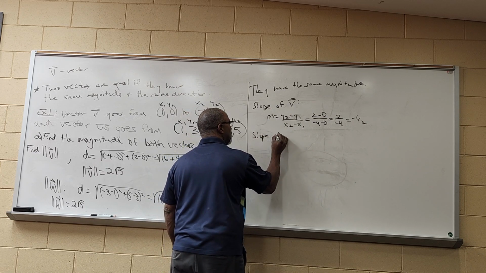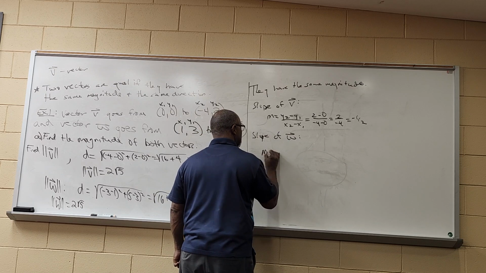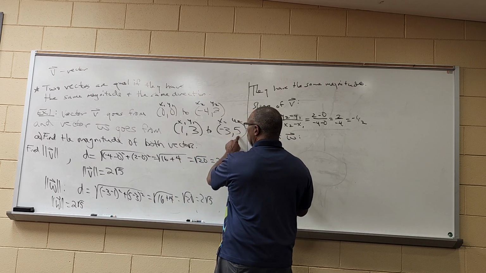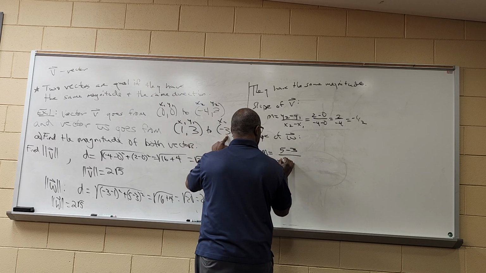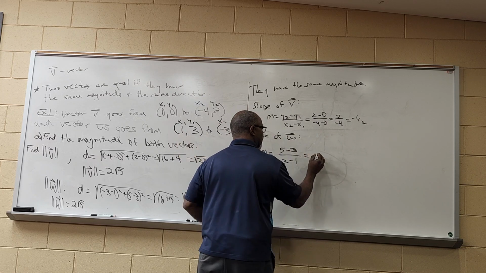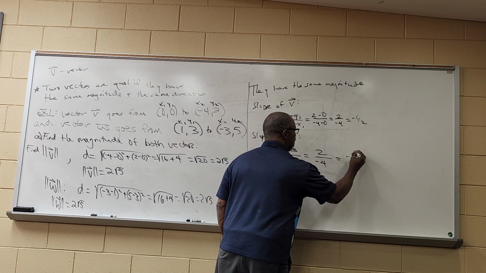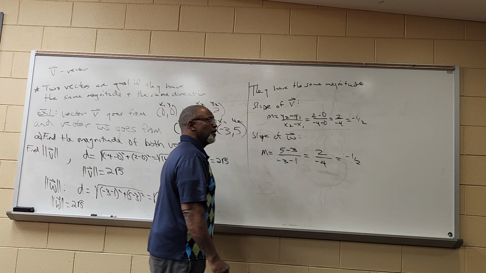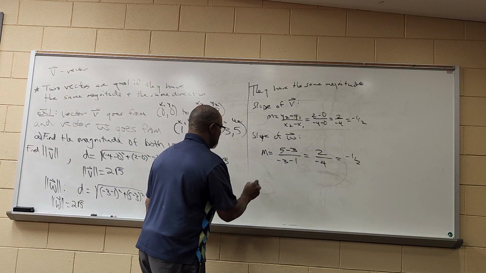Then I calculate the slope of W. Same formula. m equals y2 minus y1 over x2 minus x1. 5 minus 3 is 2, right? Negative 3 minus 1 is negative 4, that's negative 1/2. So they have the same slope and they have the same magnitude.